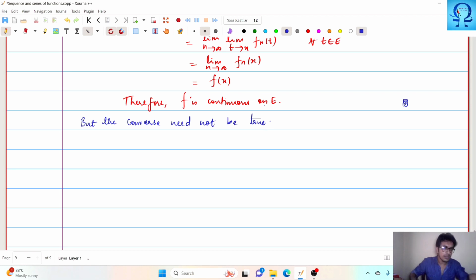Why? Initially, we saw some motivating examples where fn of x was defined as n square x upon 1 minus x square to the power n, where x can take any value in the interval 0 to 1 and n is in the set of natural numbers.